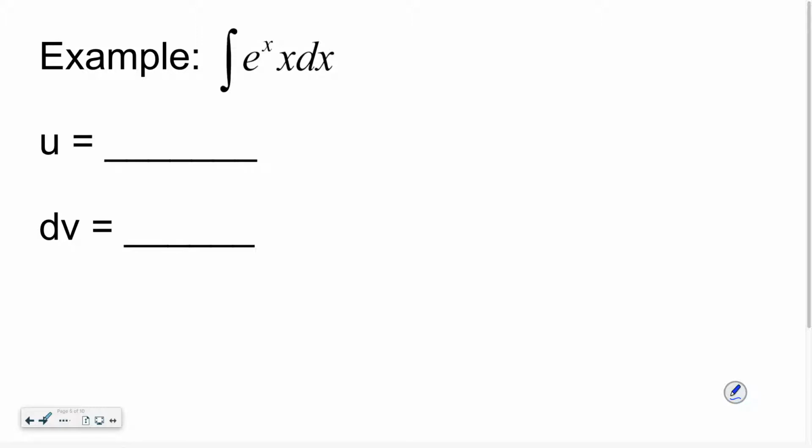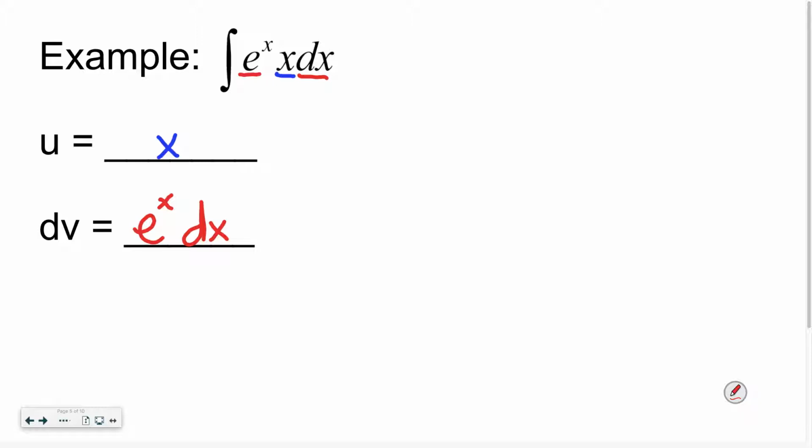In this product that u substitution would not work out for, let's try integration by parts. Like I said, I encourage you to use anything polynomial for your u. X is polynomial. And then e to the x dx would be dv.